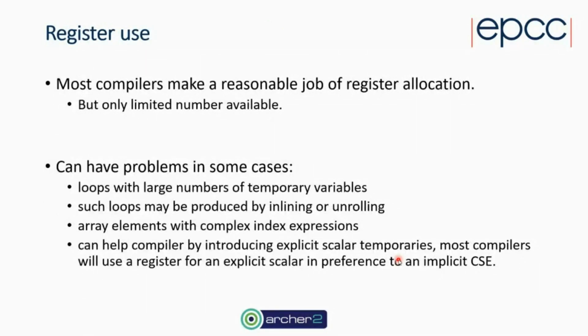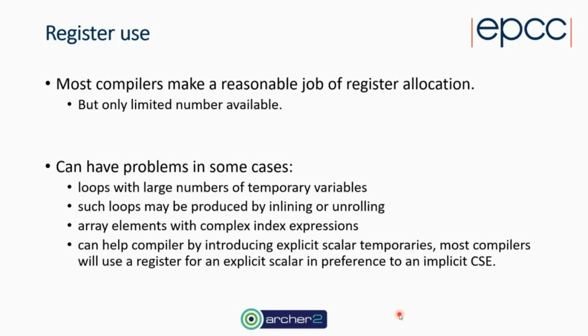We've already talked about one of the areas of a processor which may restrict your performance: registers. The compiler generally does a pretty good job of register allocation. We only have a certain number of registers, which, if you remember, are the temporary storage places on the processor where the data that's currently being worked on is kept.